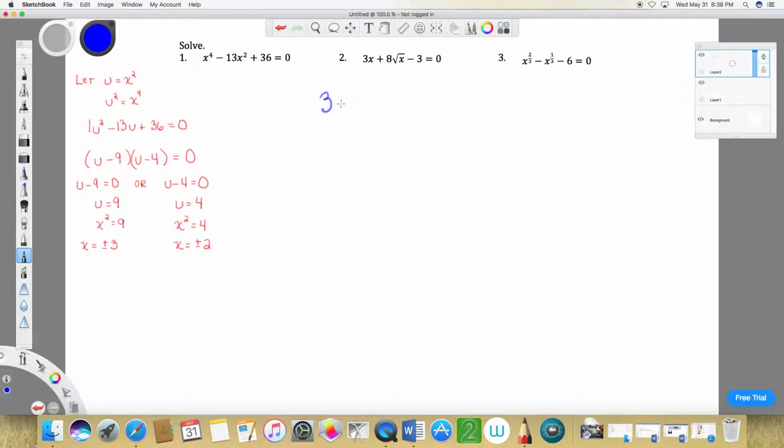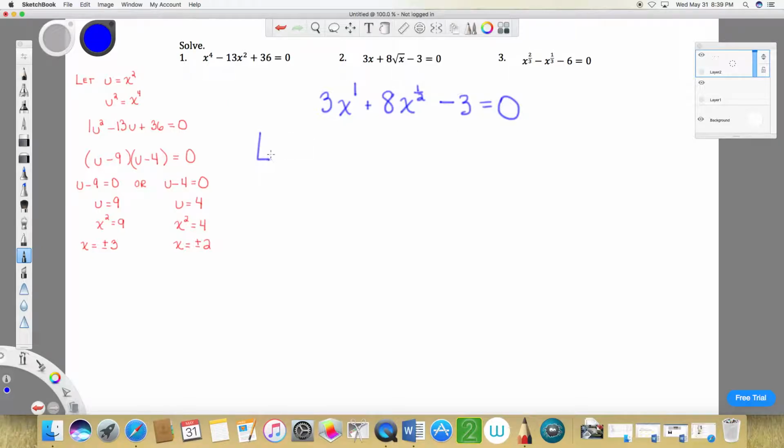I've got 3x, and I'm going to emphasize that that's to the first power, and the square root of x can be rewritten as x to the 1/2 power. So the 2 was half of 4, the 1/2 is half of 1, and we say that that's quadratic in form.